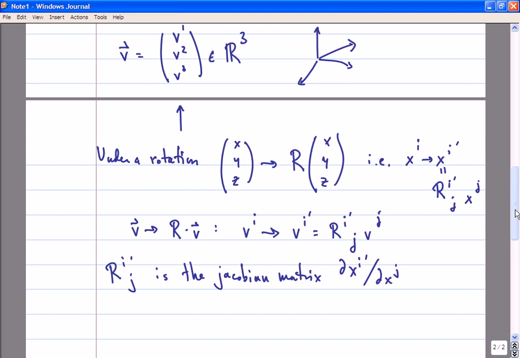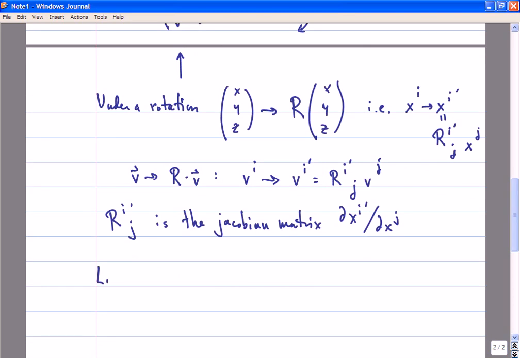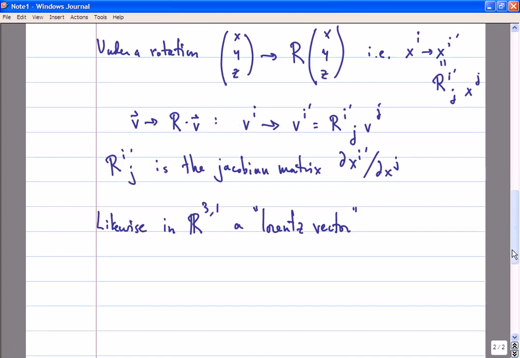Likewise, in special relativity, you consider what are known as Lorentz vectors. A Lorentz vector is a set of 4 quantities, v^mu, which you could arrange into a column vector, v0, v1, v2, v3.